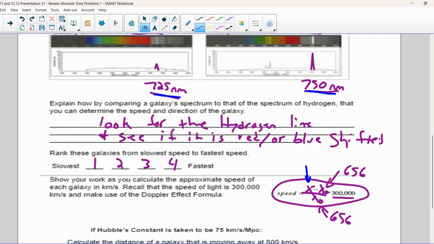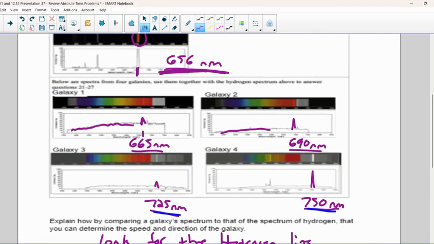So the way it's going to look, and I'm going to come up here to do it, we have for Galaxy 1, 665 nanometers, so I'm going to do 665 minus 656, which is going to end up being 9. I'm going to divide that number by 656, and I'm going to take that times 300,000. And if I do that out, I'm going to come up with 4,116, and my answer would be in kilometers per second.